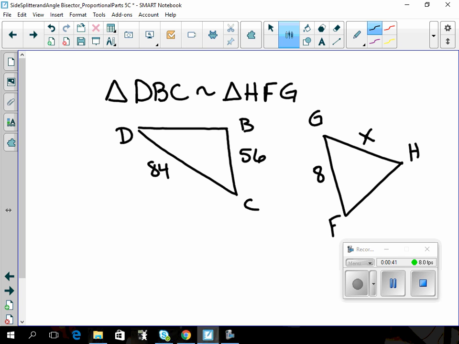I can't rely on just left is the same as left, right is the same as right. So I have to rely on the similarity statement.